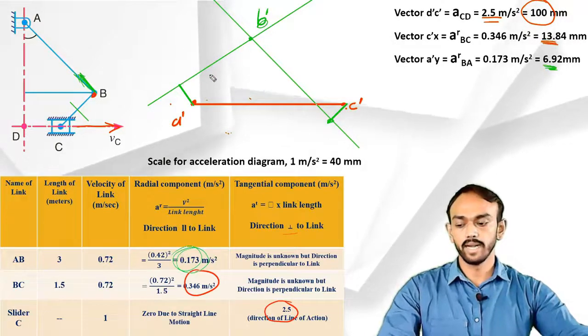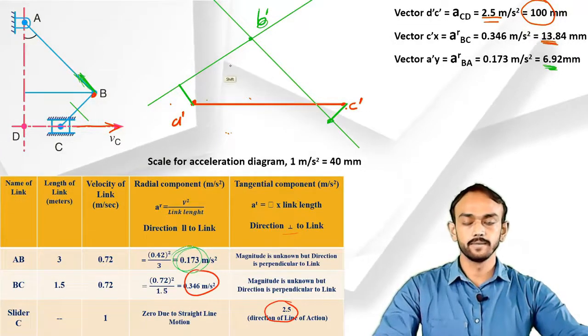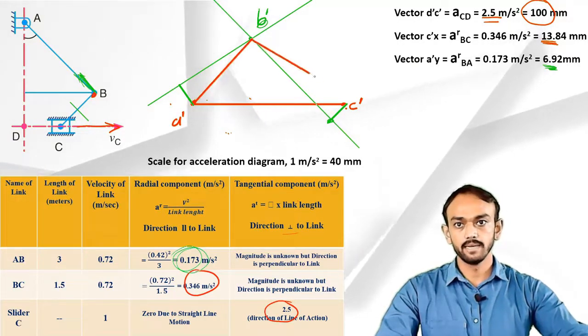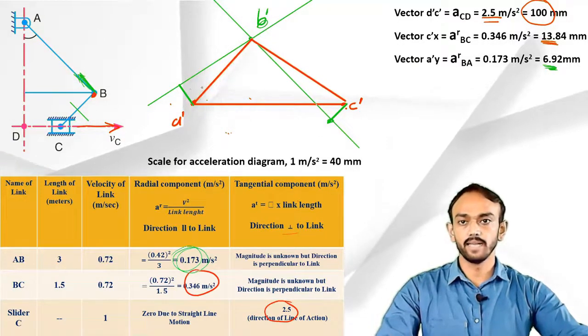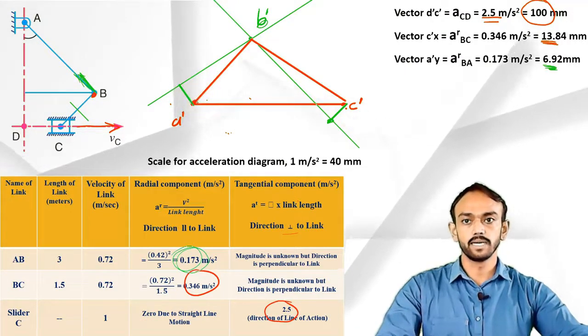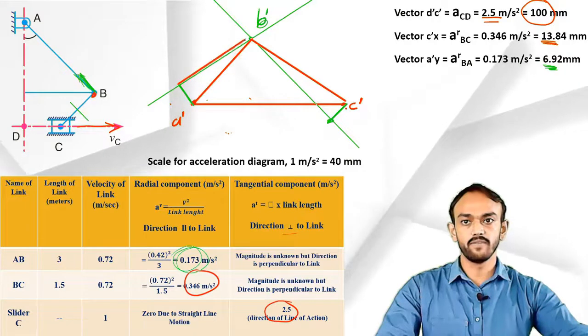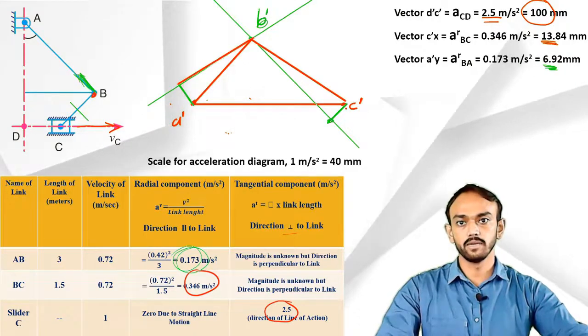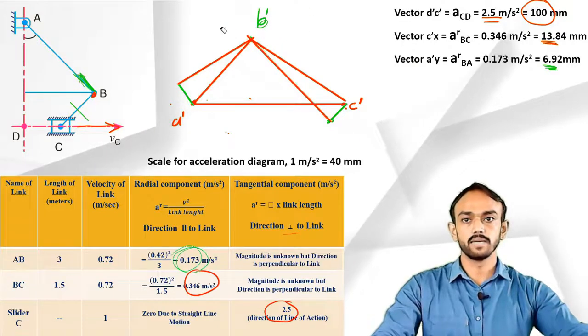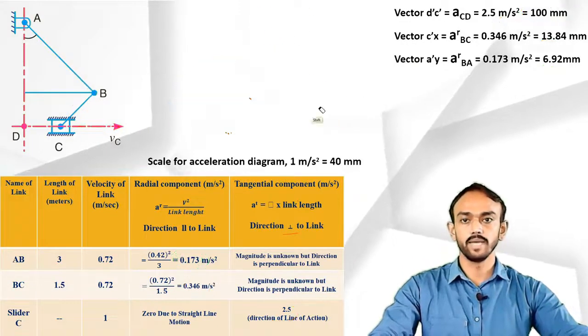Okay, and this point, if you connect this B point with this A and C, this will give the final acceleration. And you can see here, this will be the radial component and this will be the final tangential component. And here, this is the tangential component. You can erase the extra lines. Okay.